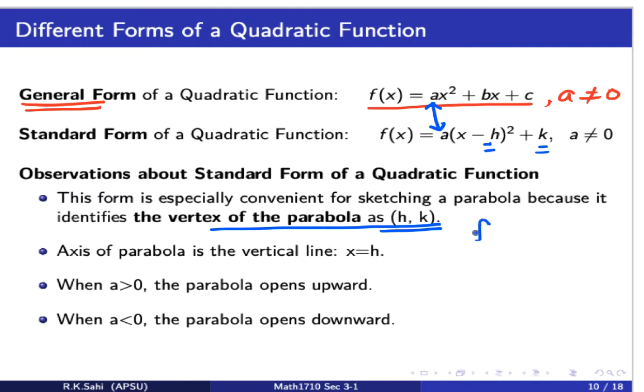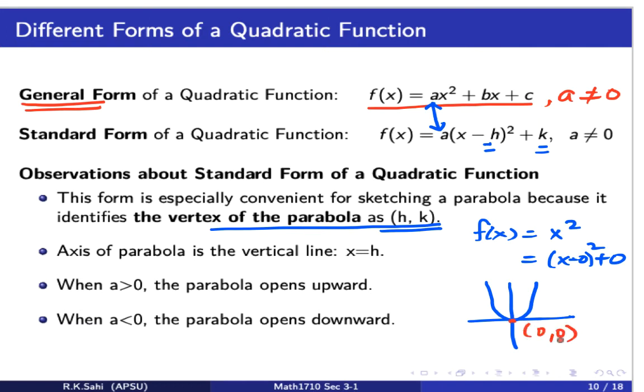Remember, if I have this function, say, y equals x squared, it's the same thing as saying (x minus 0) the whole squared plus 0. And when we have been drawing this graph, this is how we have been drawing the graph, where the vertex is the point (0, 0), that is the origin for us.